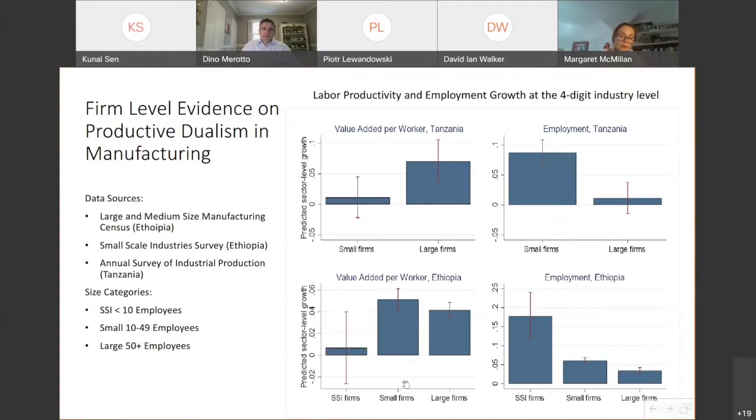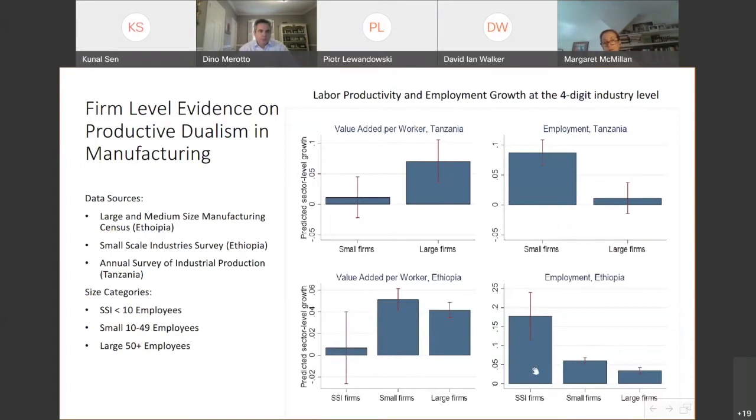small scale industry survey plus the large and medium scale enterprise survey. And here you see growth in value added per worker in the small and large formal firms is relatively high, whereas in the small firms that employ less than 10 workers, productivity growth is very low.